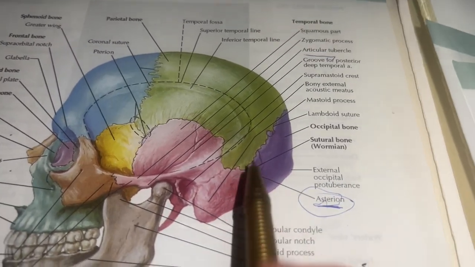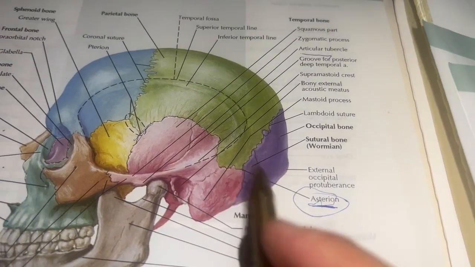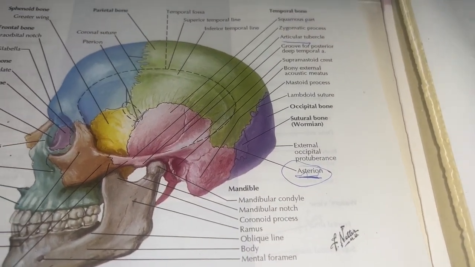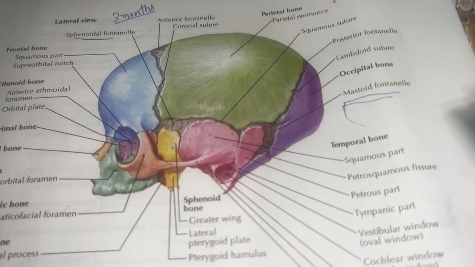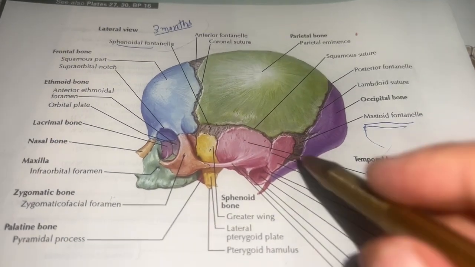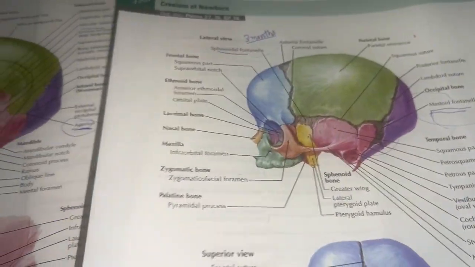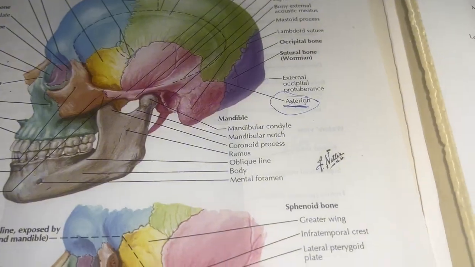It is represented by the posterolateral fontanelle in the newborn, and just like the pterion, it ossifies or closes at 3 months of age. The posterolateral fontanelle is also called the mastoid fontanelle.